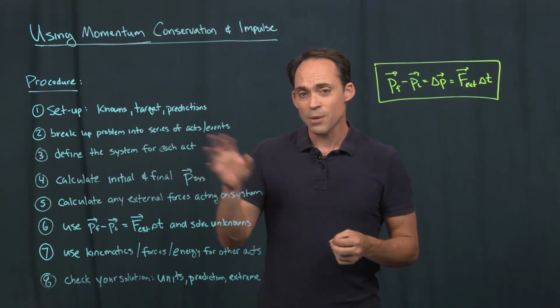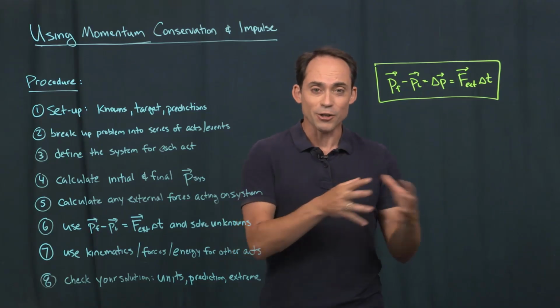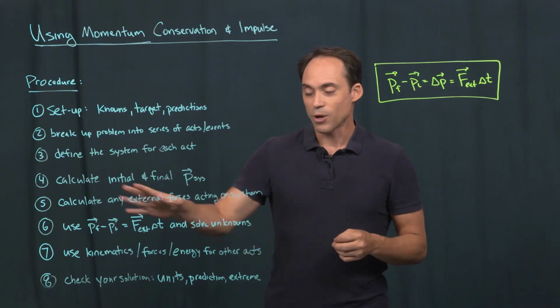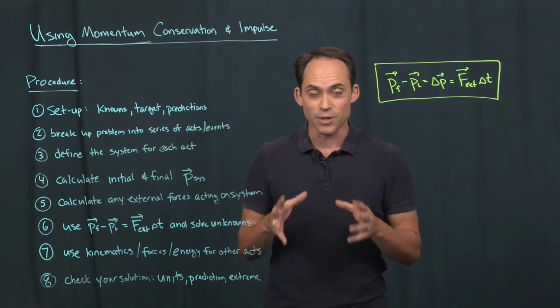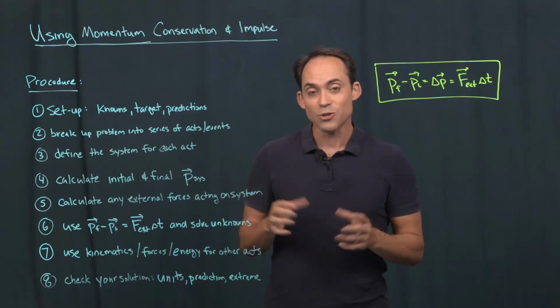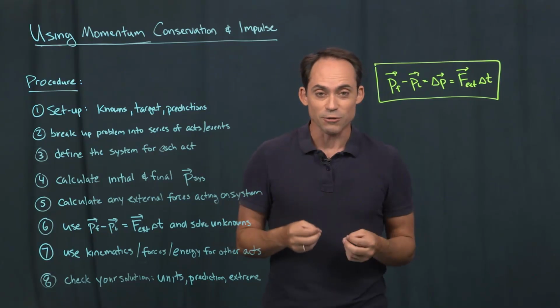Then we define a system for each of those acts, because sometimes the characters involved in the act change, so we want to define that carefully. We calculate our initial and final momentum for the system if we know them, or set up the unknowns, and then calculate any external forces on the system during this collision or exchange of momentum.